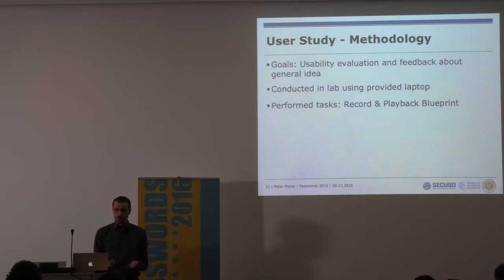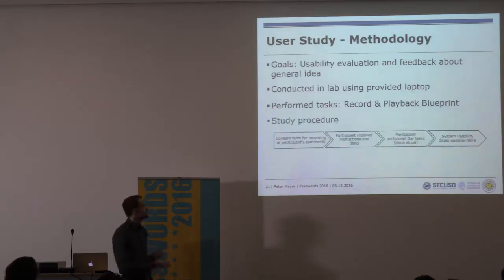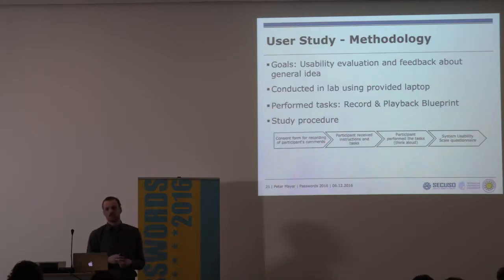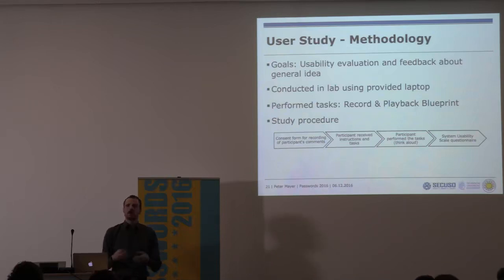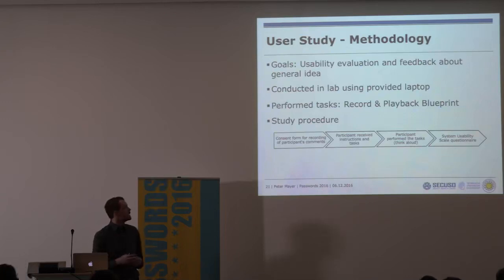How this worked for each participant is that they first had to sign a consent form. That is simply because we used a think aloud method. So we gave them the add-on and asked them to comment all the actions and thoughts, so we get the whole feedback. And we recorded this.